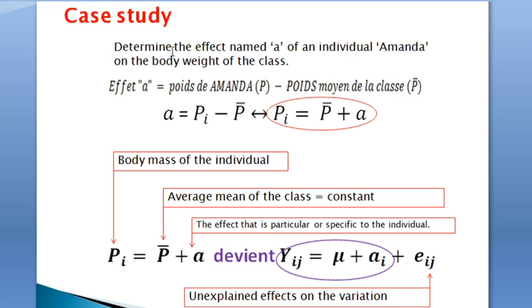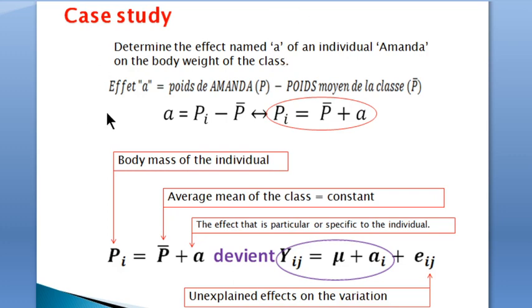The question, or the assignment, is to determine the effect, named small a for additive, of an individual named Amanda on the body weight of the class. So what is the effect of a particular individual Amanda on the average body weight of the class if the parameter body weight is concerned?